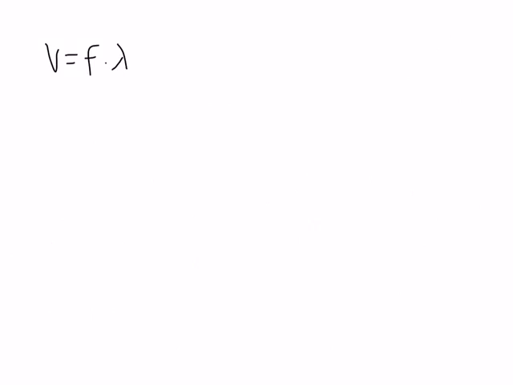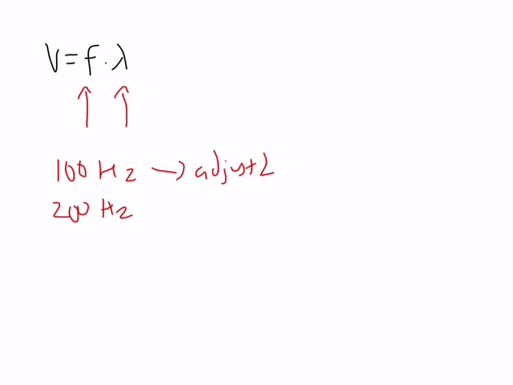We can then adjust either one of these variables. So if we picked a frequency and moved L around and found a standing wave, then to get better data, we could change to a new fixed frequency. So we could do trials at, say, 100 hertz, then 200 hertz, and then adjust L to find v, and so on.